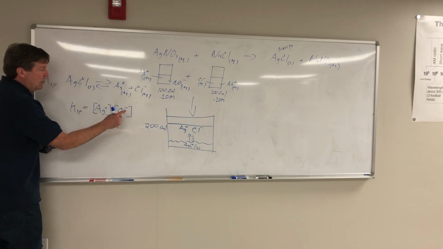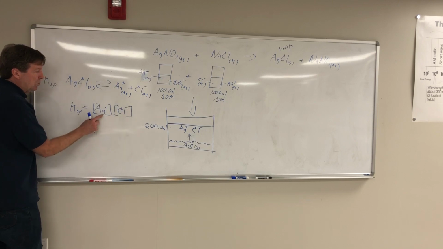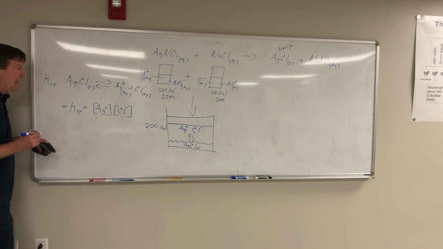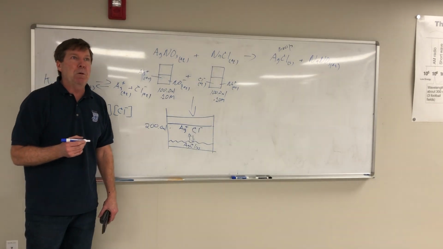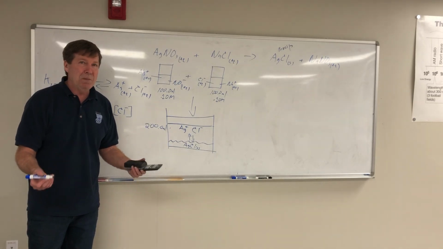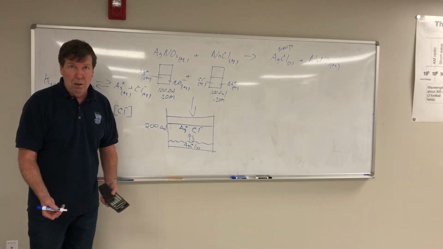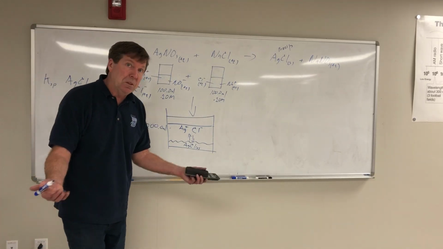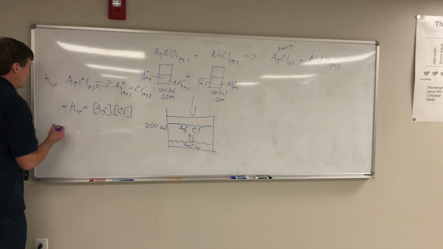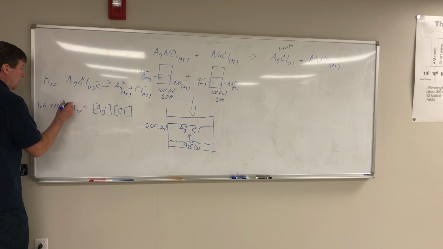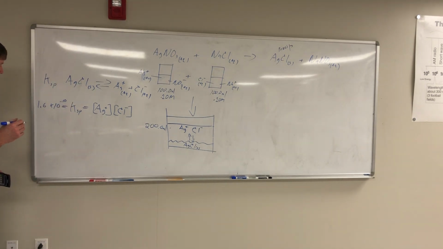I take the molarity of Cl- times the molarity of Ag+, and that gets me my Ksp value. If you had to guess, you'd say, okay, slightly soluble, it's got to be small, really small. Typically these are smaller than Ka values. This value is 1.6 times 10 to the negative 10th, I believe.